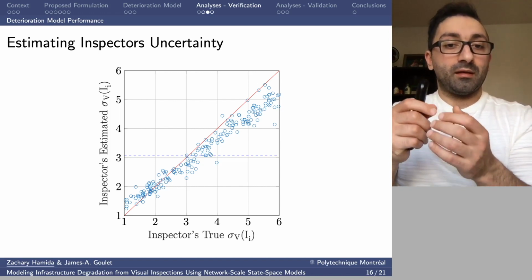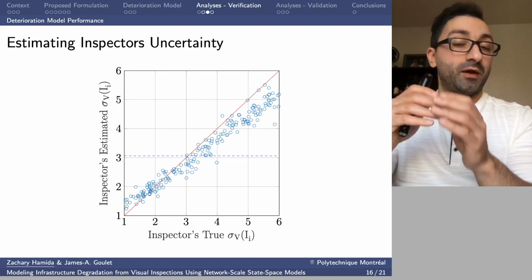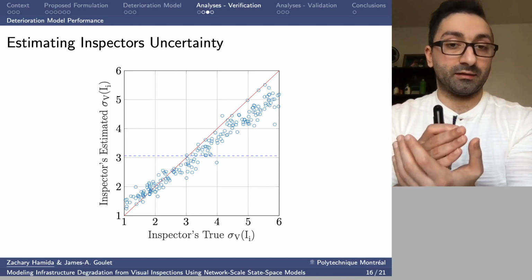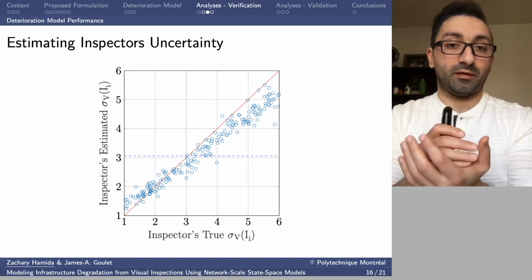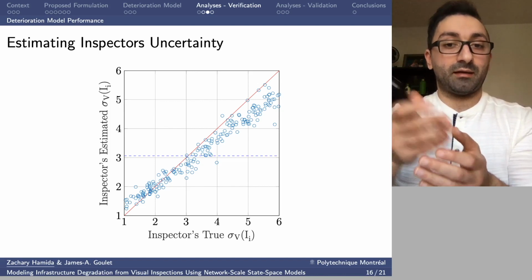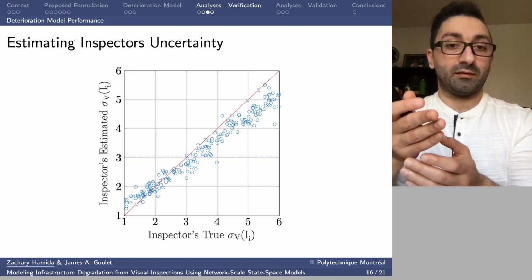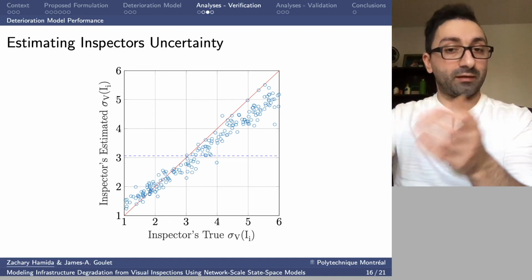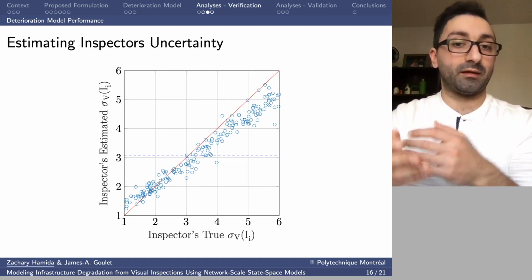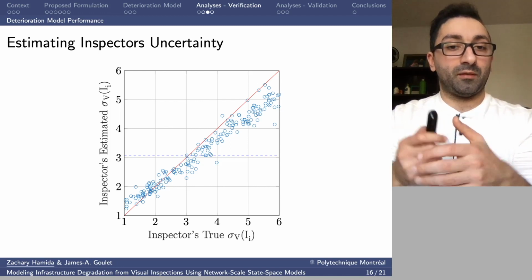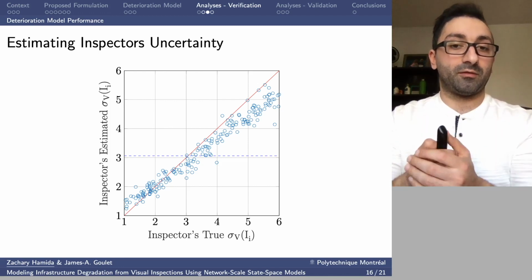Now, if our estimation is perfect, the points should land on the diagonal, the red diagonal you see on the graph. And as you can see, the points, which are estimated through the parameter estimation framework, show a good alignment with the diagonal, which confirms the performance of the parameter estimation framework.